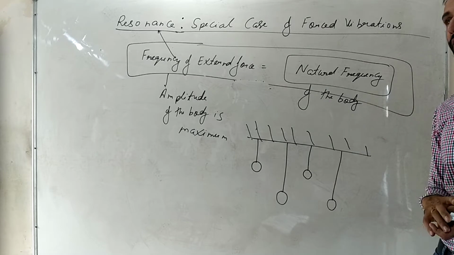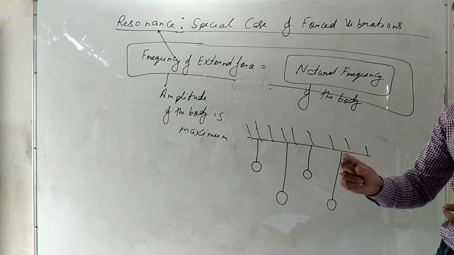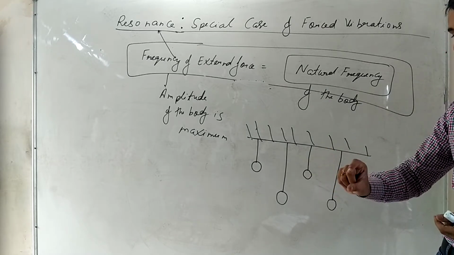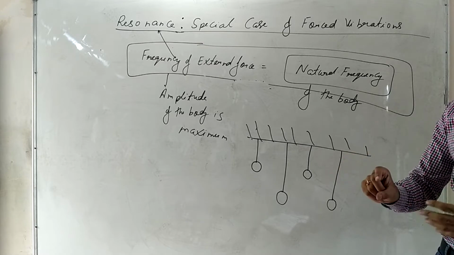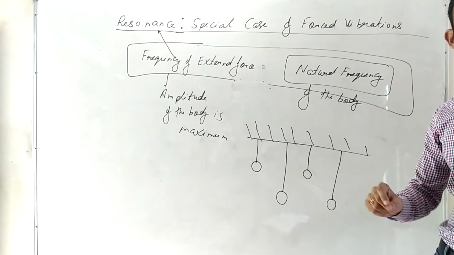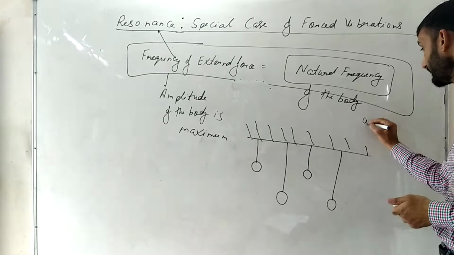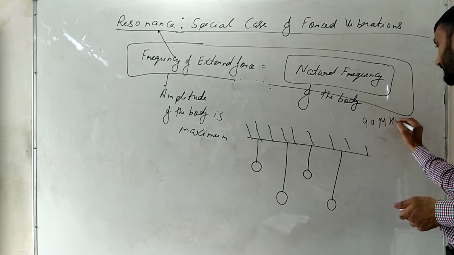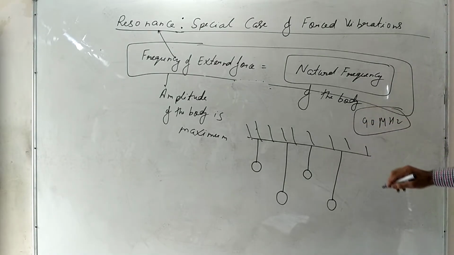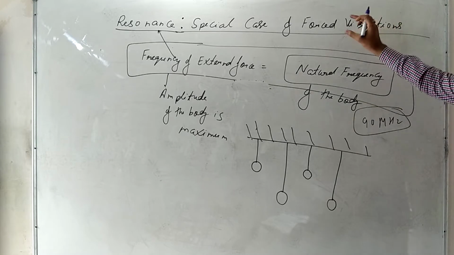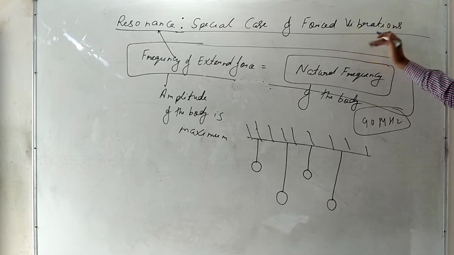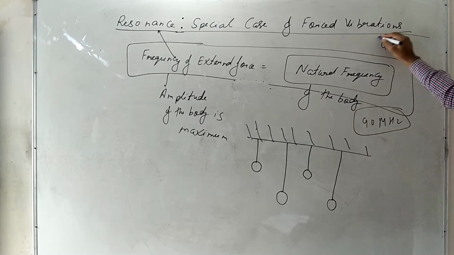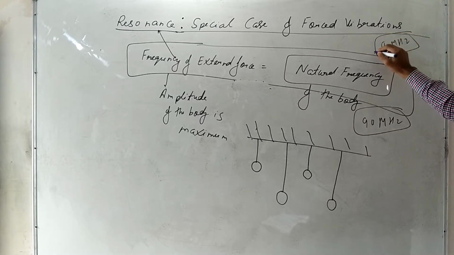Now the fourth one is your radio. When you want to match a certain frequency with a radio station, suppose the radio station's frequency is 90 megahertz, just to give you an example, and you are changing the frequency of your radio. So when you make it 90 megahertz, that is the forced frequency for your radio.